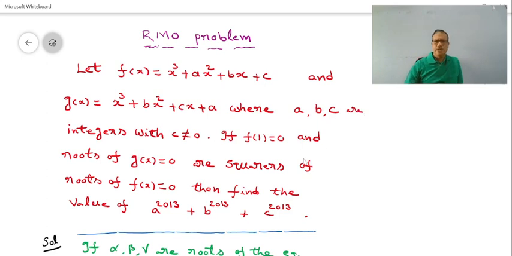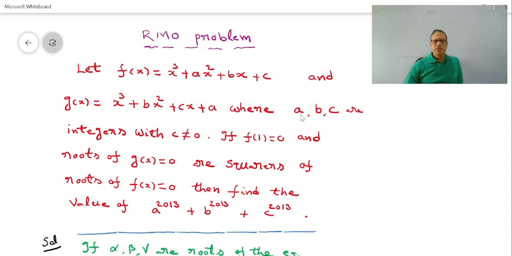So if f of 1 is equal to 0 and the roots of g of x equal to 0 are squares of the roots of f of x equal to 0, then we have to find the value of a to the power of 2013 plus b to the power of 2013 plus c to the power of 2013. So what we have given?